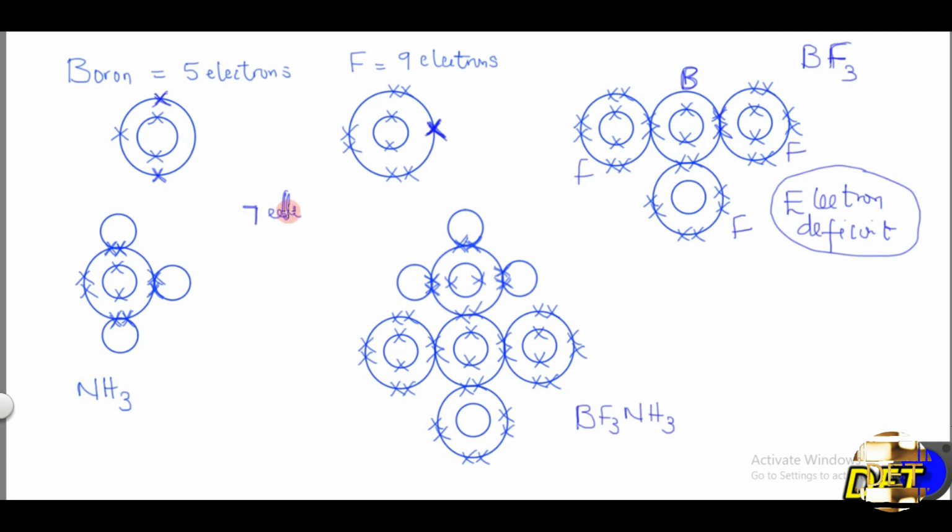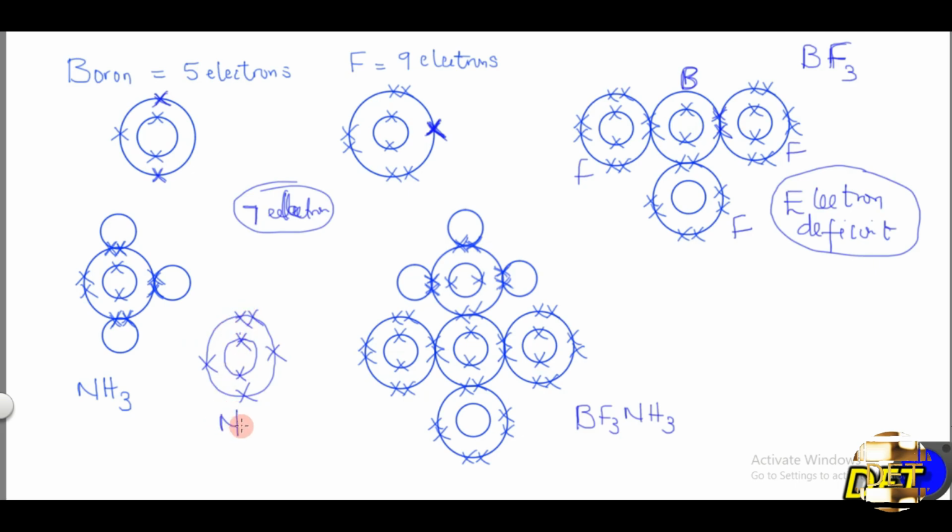If I'm to write out the electronic configuration of nitrogen, I have this. The innermost shell will take a maximum of 2 electrons, and then remaining 5, right? So 1, 2, 3, 4, 5. So this is the 7 electrons that makes up nitrogen. 1, 2, 3, 4, 5, 6, 7. 7 electrons, right?